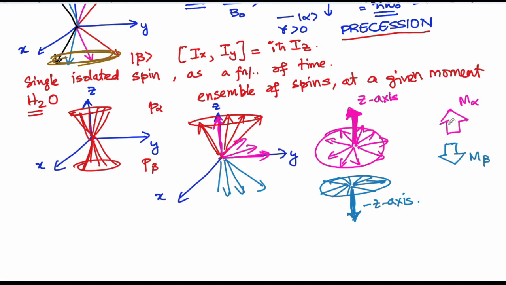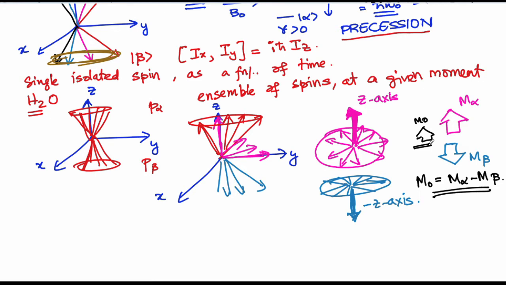Since the population in the alpha state is more than that of the beta state, the length of this vector will be slightly greater than that of the beta vector. Therefore, the bulk magnetization in this case would be M alpha minus M beta.